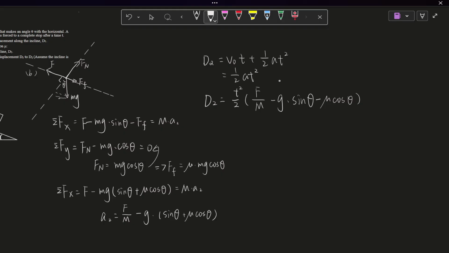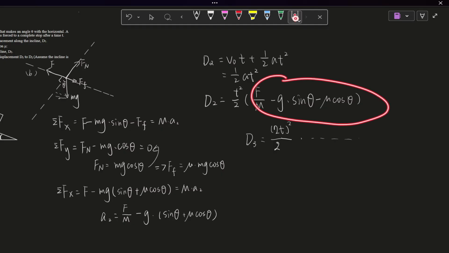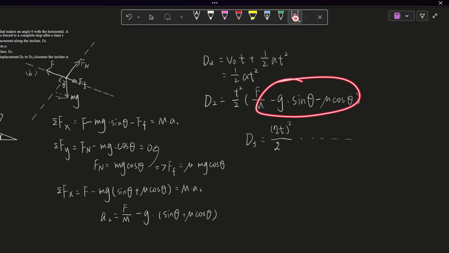So when t is doubled, d3 will be equal to half times 2t squared times this long expression. We don't need to care about this expression because there's nothing related to t.